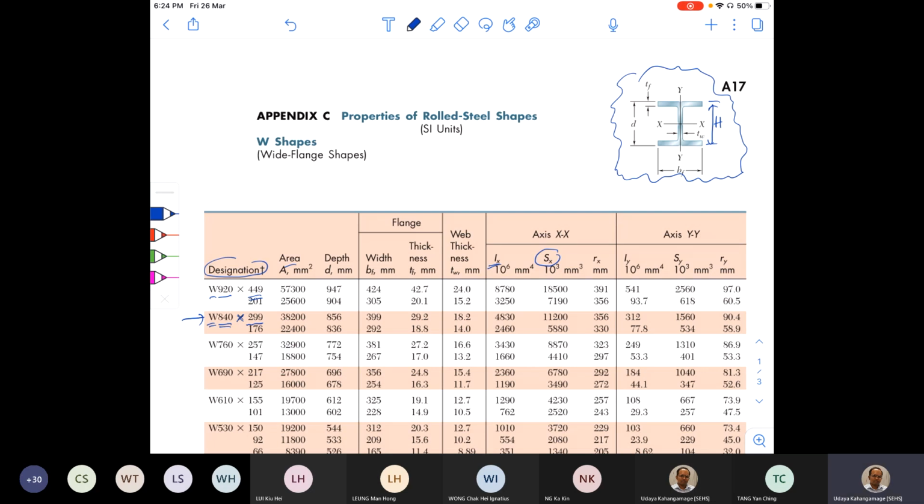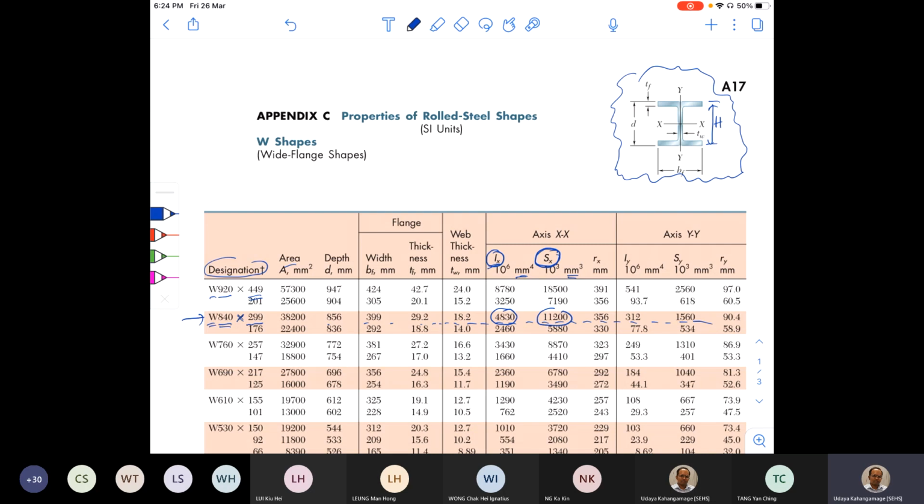Okay, and the other information is also available. If you go here, you can see that I can find the I about the x-axis of that section. It is this much in millimeters to the power 4, and also S, the section modulus, which is given as 11,200 into 10 to the power 3 millimeters to the power 3.